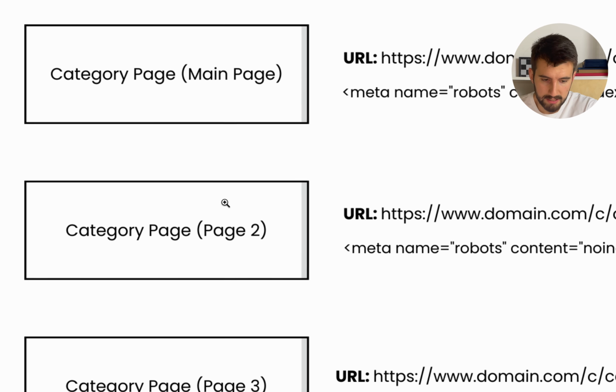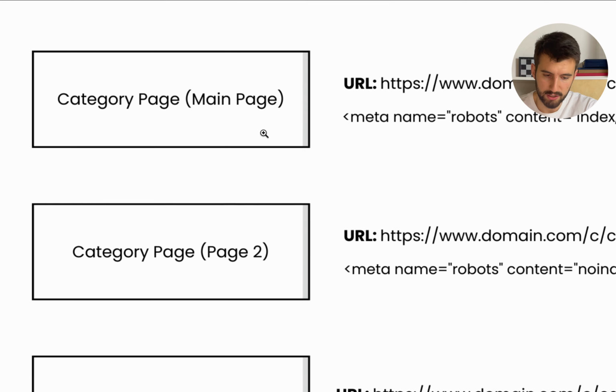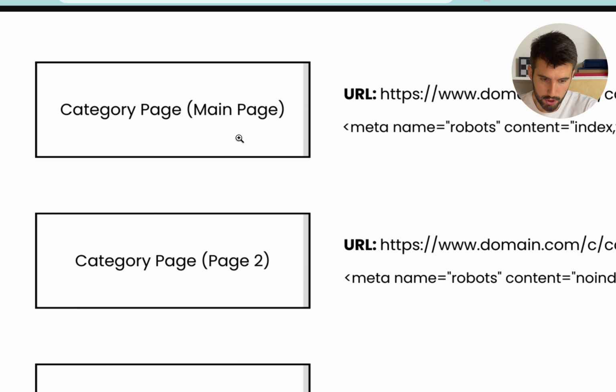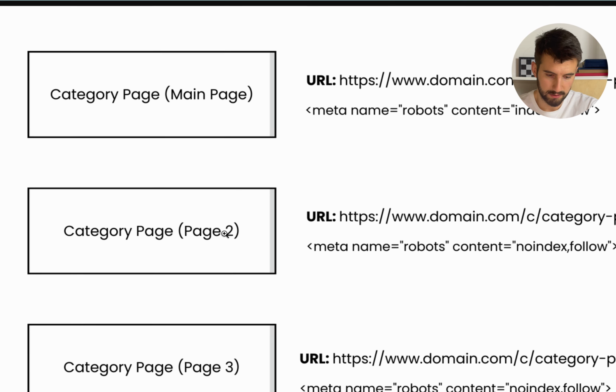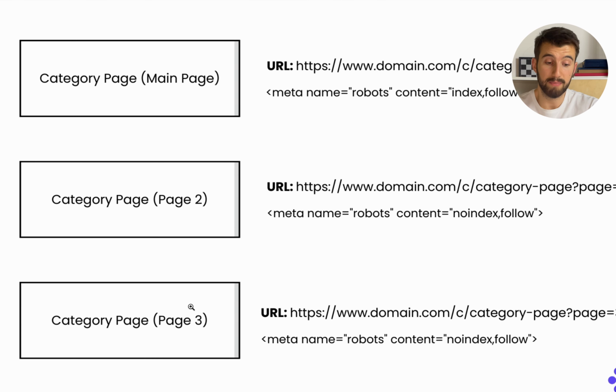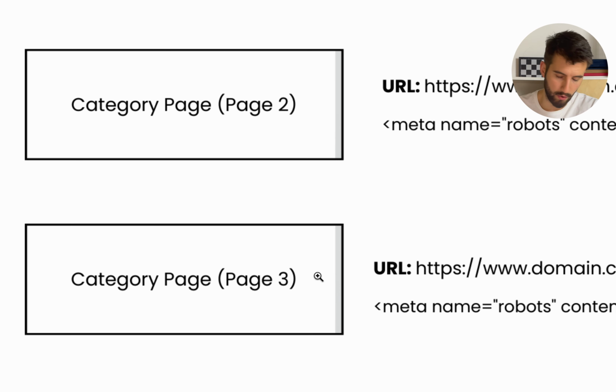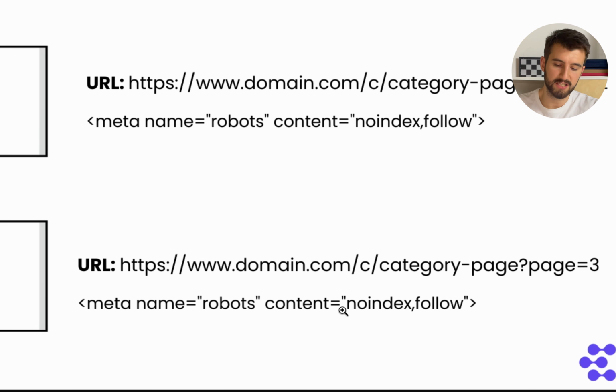So why is that? Because we don't want this page to be indexed. We don't want this page to be cannibalized with the main page, because these two pages, as explained previously for canonical tags, are very, very similar. And we don't want to create an index bloat with all of these pages within the index competing for the same terms. The same applies for the third and fourth and all of the pages within the series: we add no index follow tags.